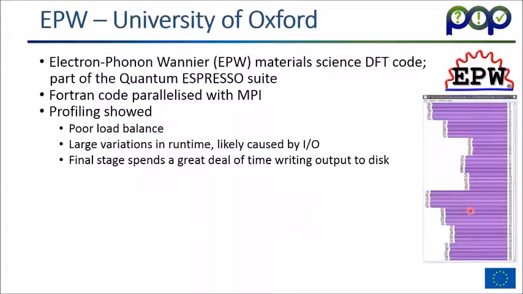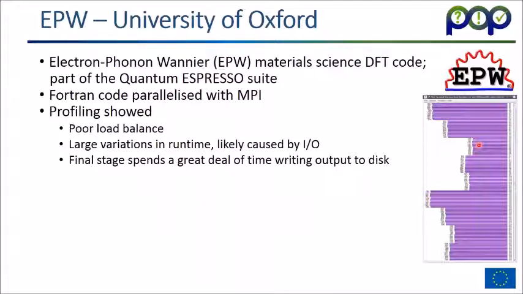This is a code being run on Archer, again the national HPC service in the UK, and each of these blocks represents a different node. This is the time taken for a specific subroutine within the code that takes a significant amount of the overall time, and you can see the load balancing for this routine is quite poor.